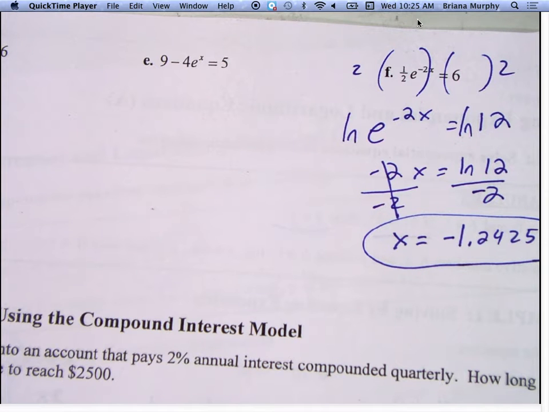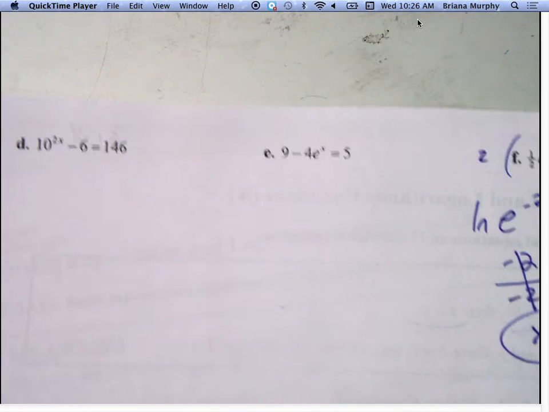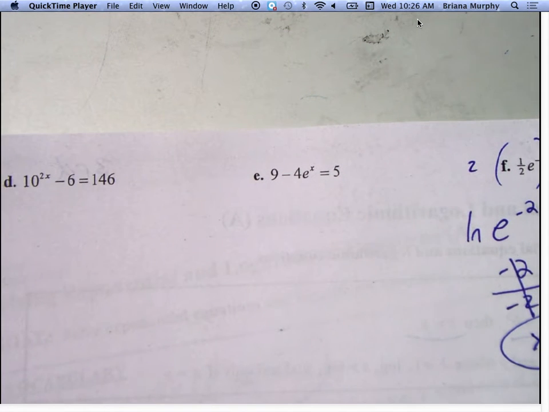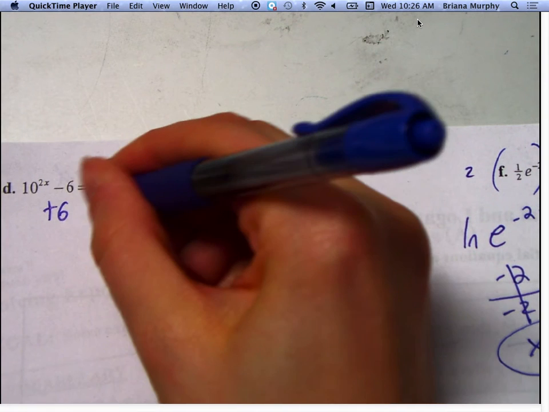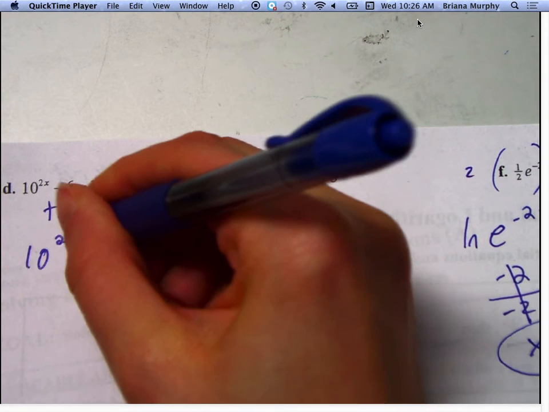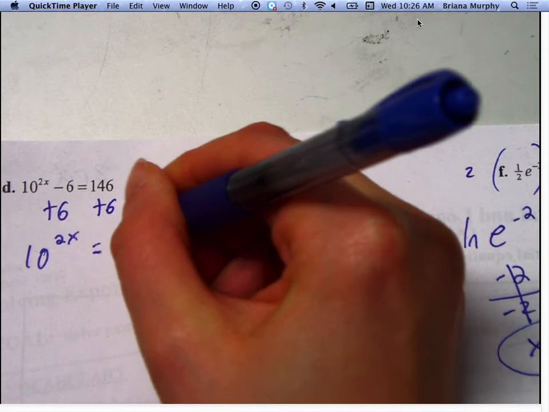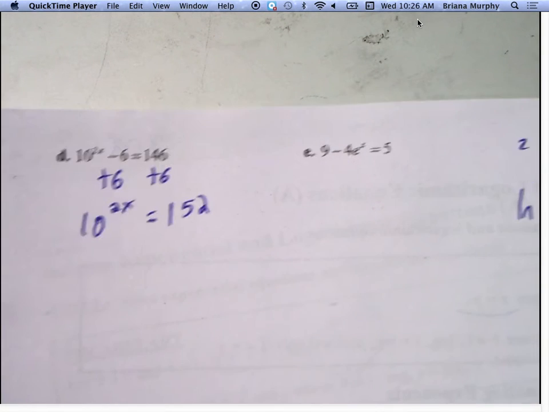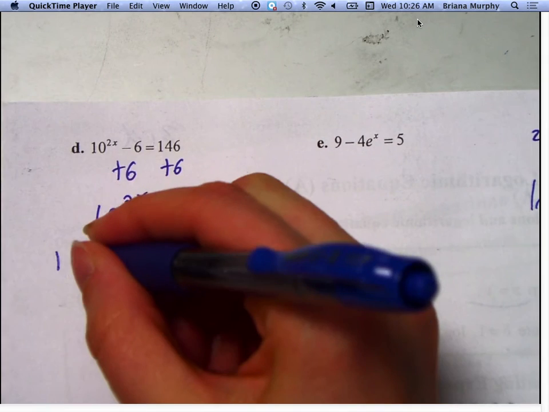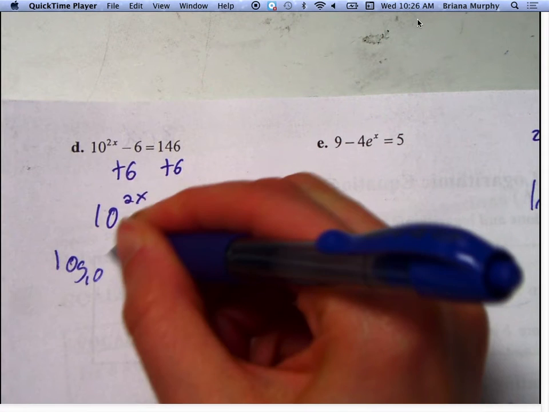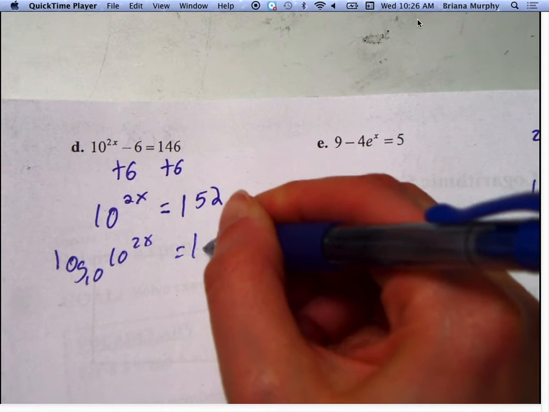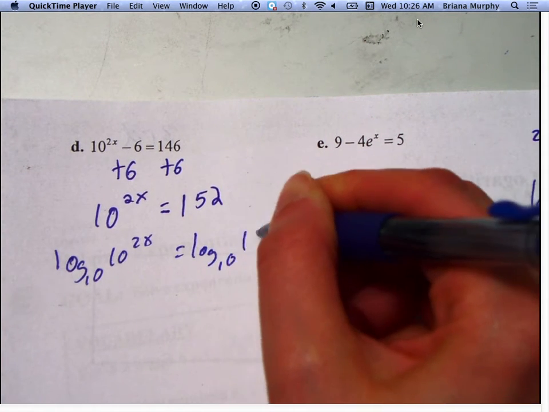You guys ready? Yeah. Good. All right. What's the first step for D that we should take? Add 6. Perfect. So we get 10 to the 2x equals 152. What do we do next? Then we can take the log base 10 of both sides: 10 to the 2x equals the log base 10 of 152.